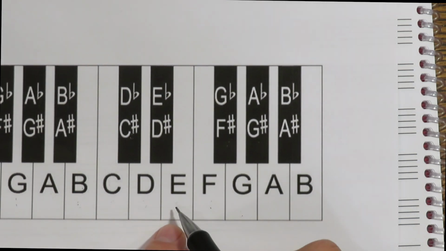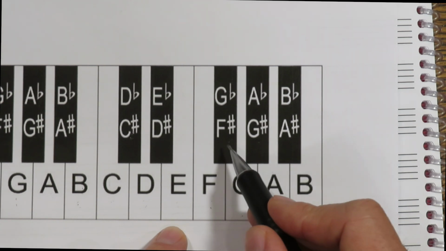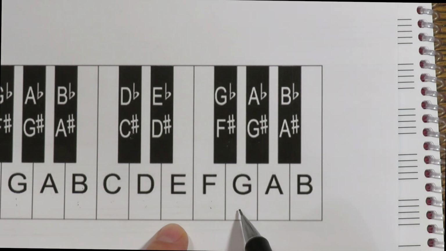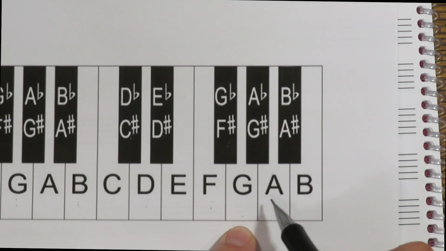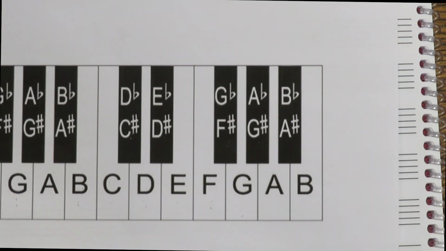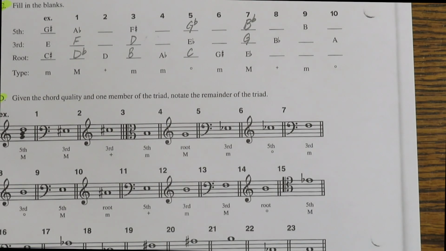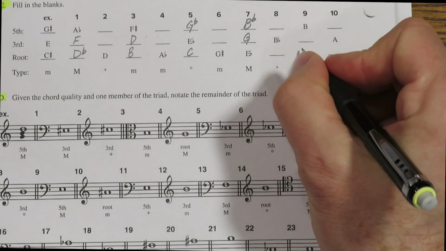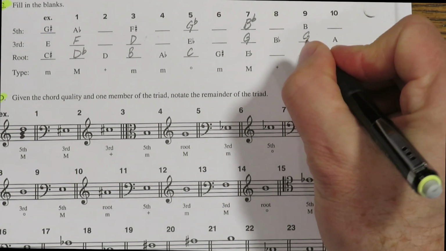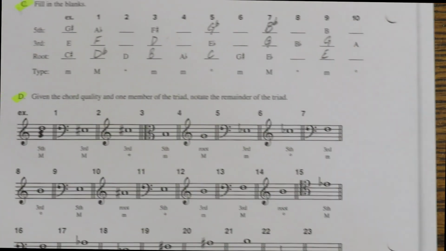So we have E, 1, 2, 3 half steps. There's our minor third. And G to B, 2 whole steps is a major third. So we're done. E, G, B, E minor.